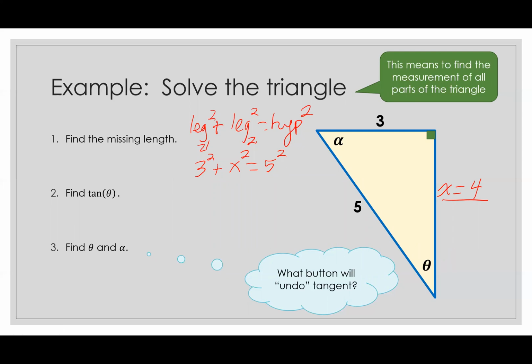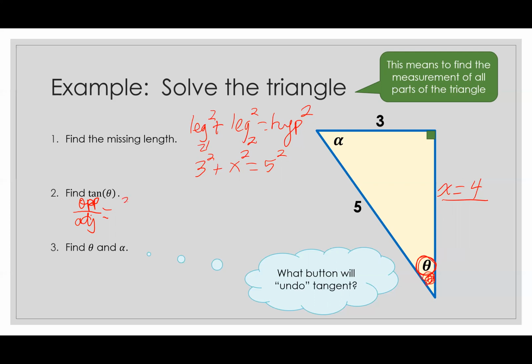Now that we have all the sides, tangent of theta is, again, tangent is opposite over adjacent by definition. And let's go take a look at theta. Theta is right here. That angle is right here, right? So opposite would be 3 and adjacent would be next to it, and that is 4.